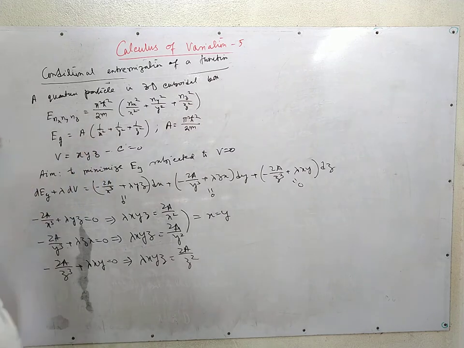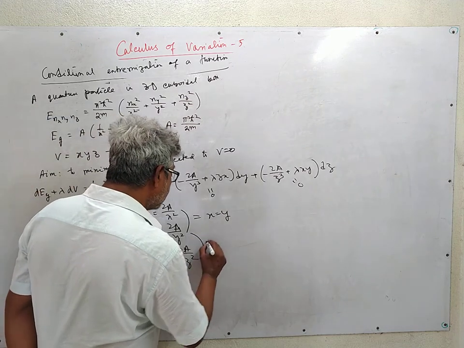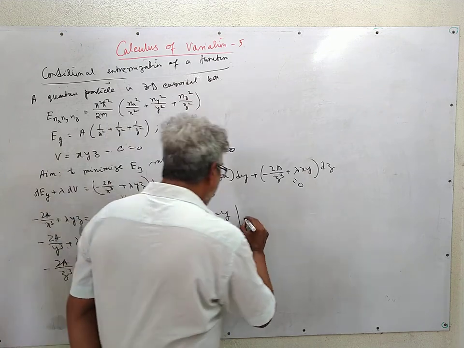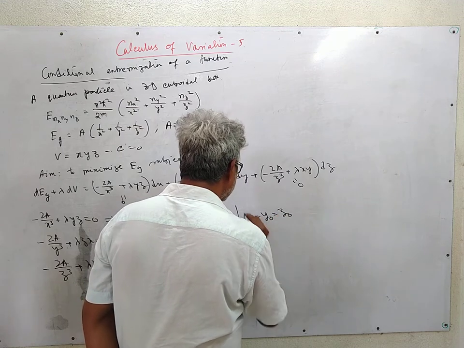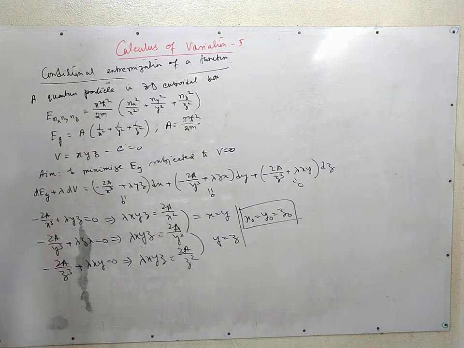Since x and y can never be negative, they are the lengths of the box, and this gives y = z. So we get x0 = y0 = z0. That is, to have the minimum energy, the box must be in the form of a cube.